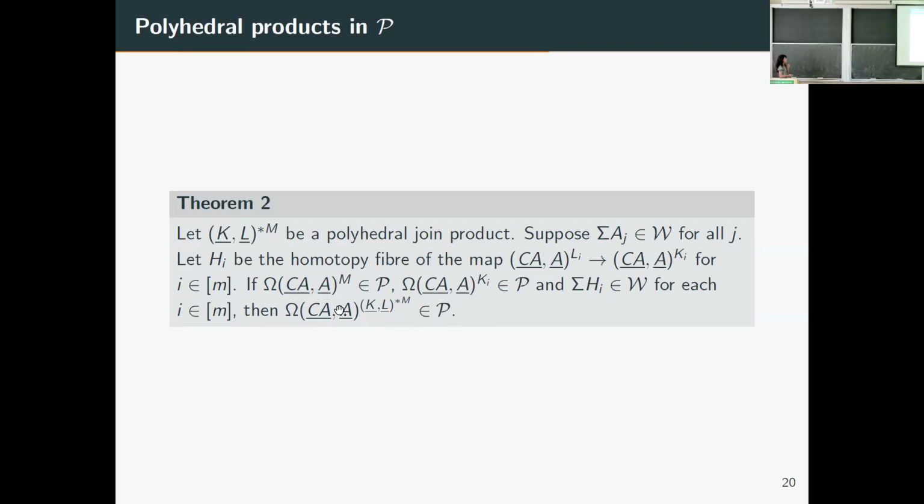Loops on the polyhedral product associated to K_i is in P for all i. And we need that the suspension of these h_i belongs to W for all i as well. So that h_i was the map from the polyhedral product on L_i into the polyhedral product on K_i. So we need that to belong to P.